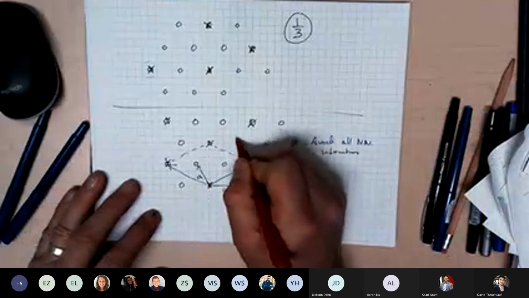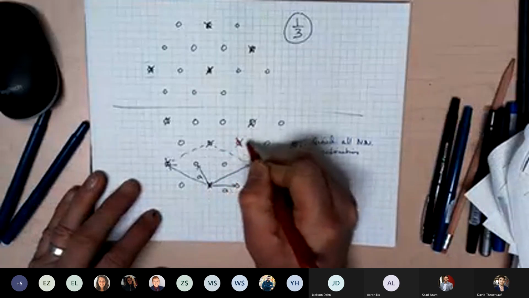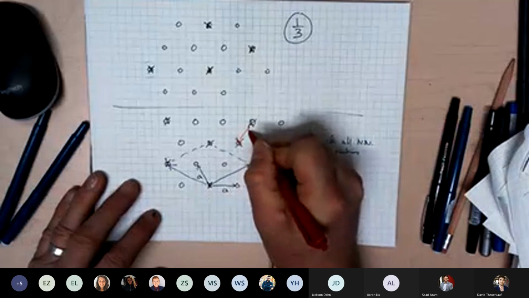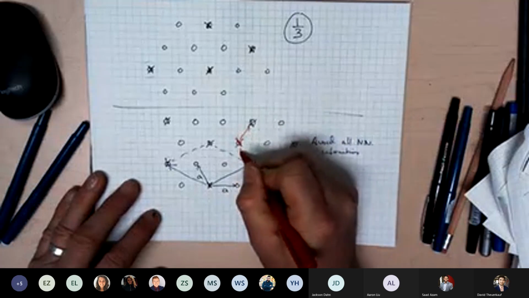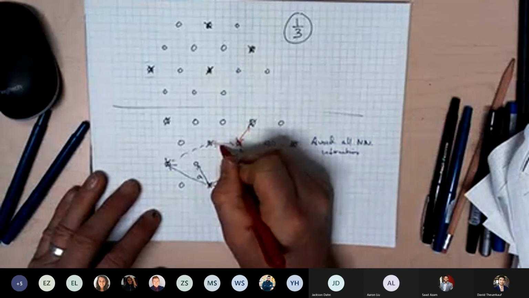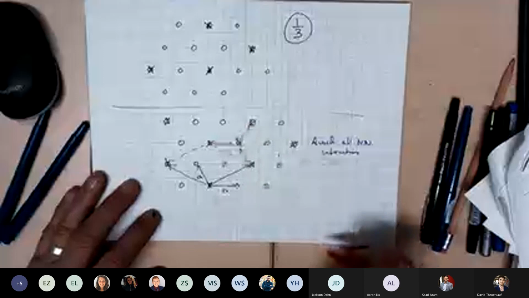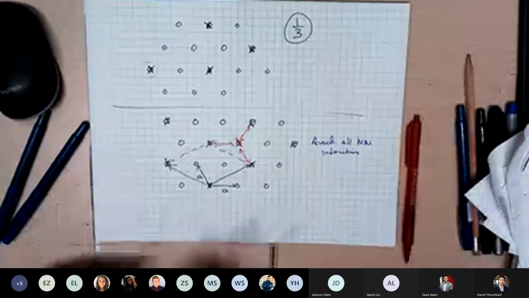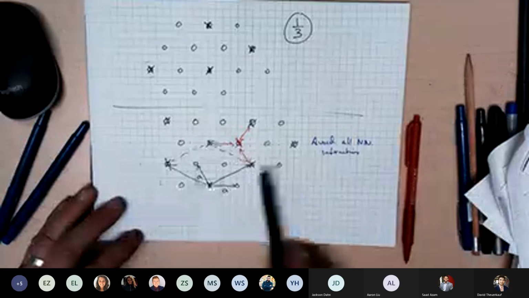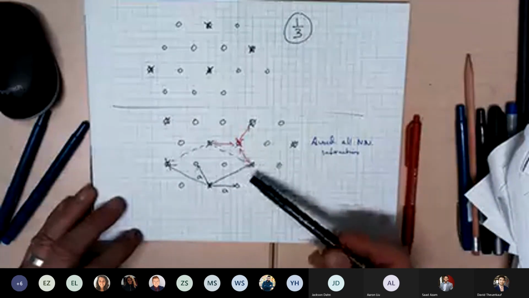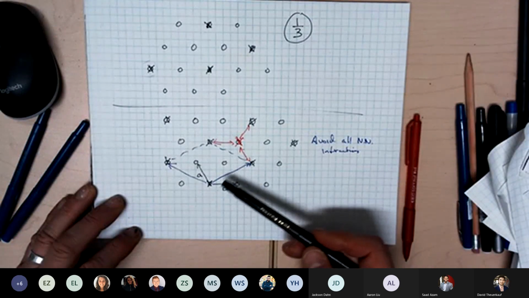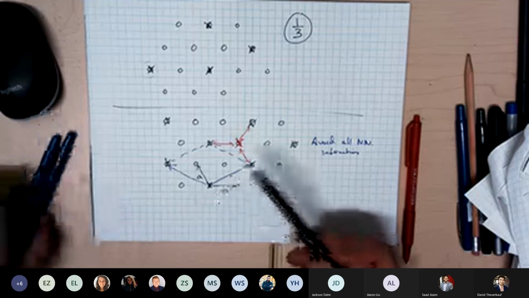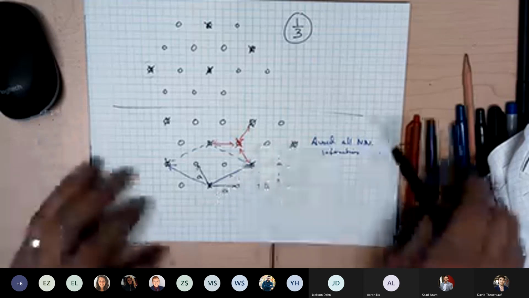So say you put it here in red, and then you pay 1, 2, 3 near neighbor interactions, okay? So when you have repulsive interactions, the lithiums try to avoid them as much as they can at the beginning.